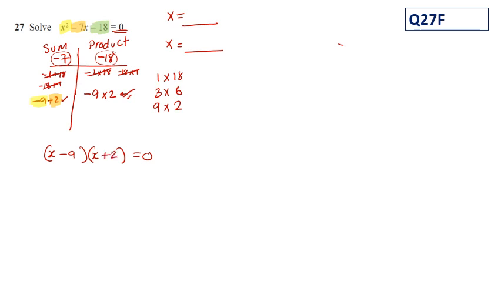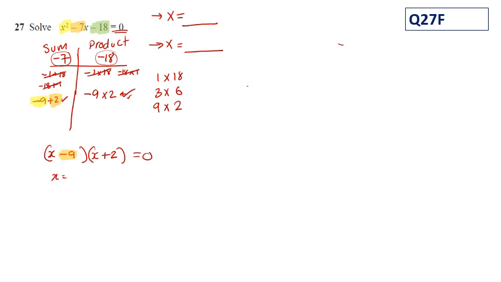Okay, so now I've factorized it. I still haven't fully solved it. Remember, in order for me to solve it, I need two answers in the form of x equals something and x equals something else. In this case, the answer for x is equal to the inverse of the number inside the bracket.